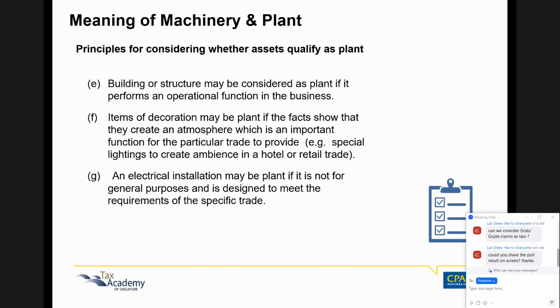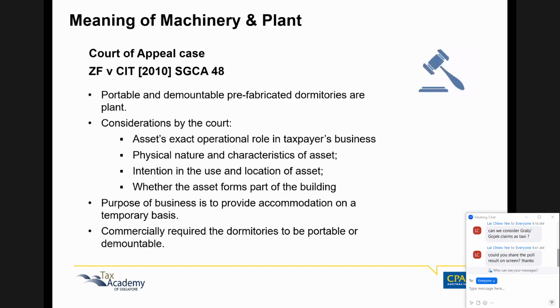It's a restaurant that is just based on the ship. The ship doesn't move anywhere. So in this case, it was ascertained that it is a premise, not a plant. So you can see sometimes there may be different situations. We have to look at what is specific to that trade.